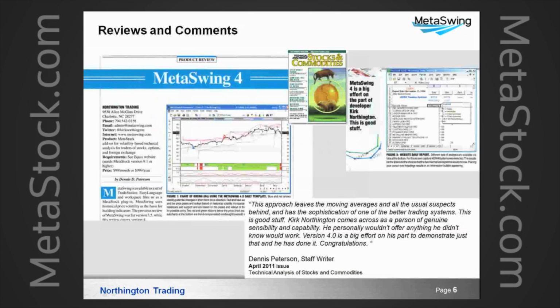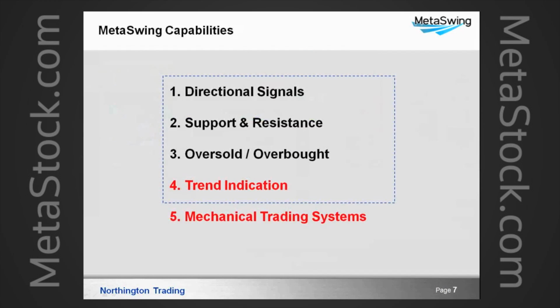MetaSwing, what we're going to show today, has been reviewed twice in Stocks and Commodities magazine. The most recent was in April of 2011, when we introduced version 4. What we're going to talk about today are the capabilities of MetaSwing. MetaSwing gives you quantitatively derived directional signals on the screen.